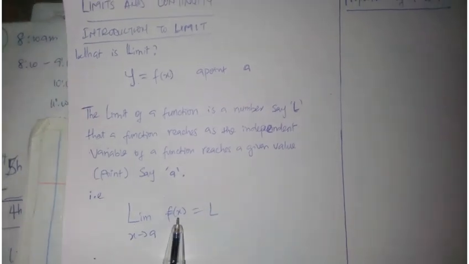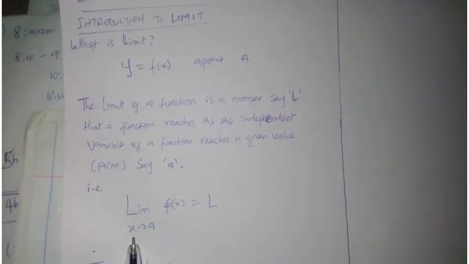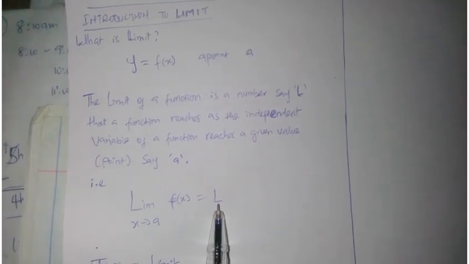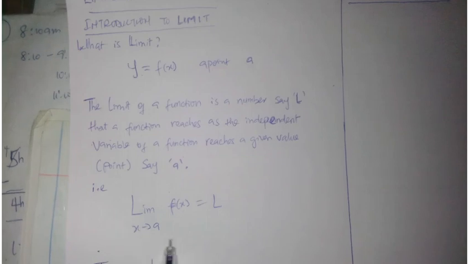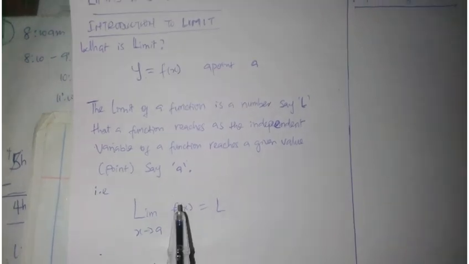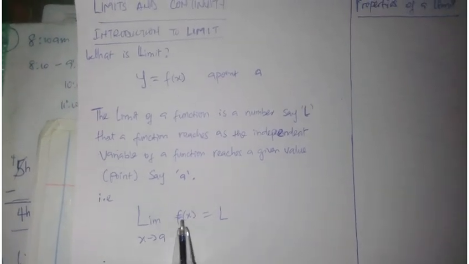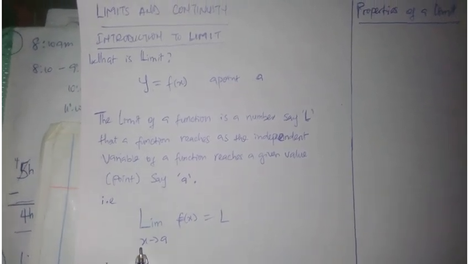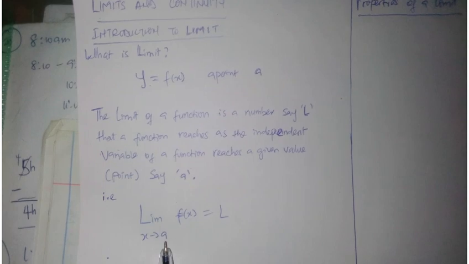The limit of a function f of x as x tends to a equals what? L. Here L stands for the result of what I'm going to do at this point. This is the limit of a function f of x as x tends to a point a.